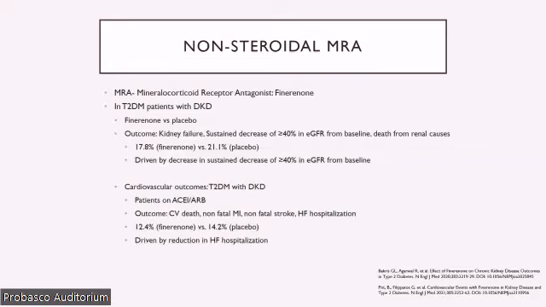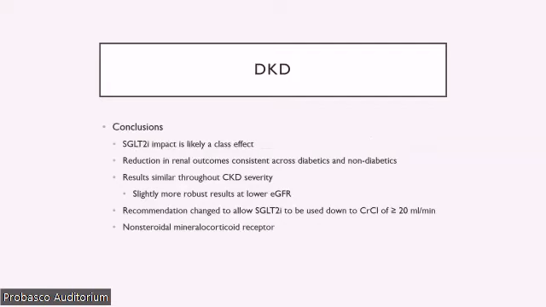So in conclusion, we think that the SGLT2 impact on DKD is really a class effect. We're seeing positive renal outcomes in both our non-diabetic and diabetic patient population, and really that we get more robust results at that lower GFR.